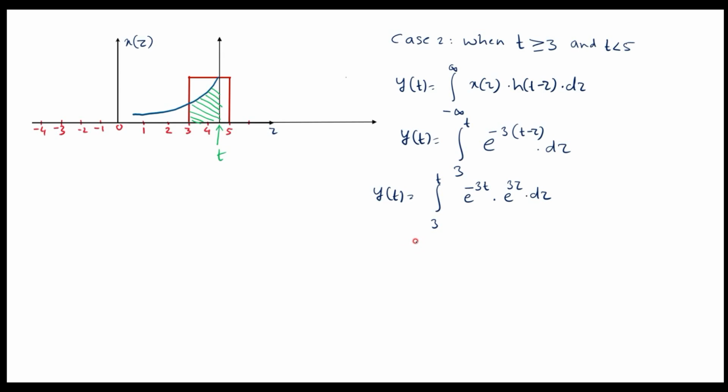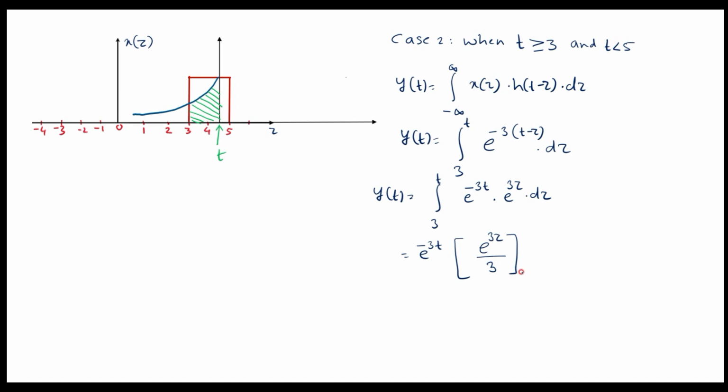We'll try to simplify this further. Here e power minus 3t is a constant, so I will take it out of the integration. That is e power minus 3t. Integration of e power 3 tau is e power 3 tau divided by 3.